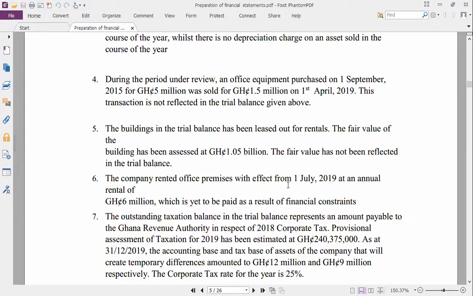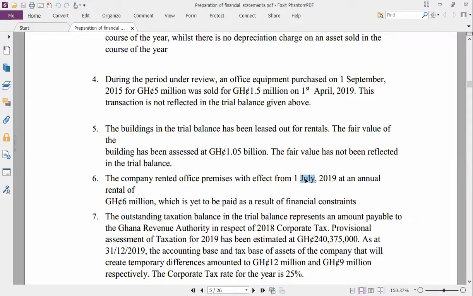When will it take effect? 1st July. So it means that because of July, we have the year end when? December. So from July to December, how many months? So for this particular year, only 6 months of the rent must be reflected. Why 6 months?